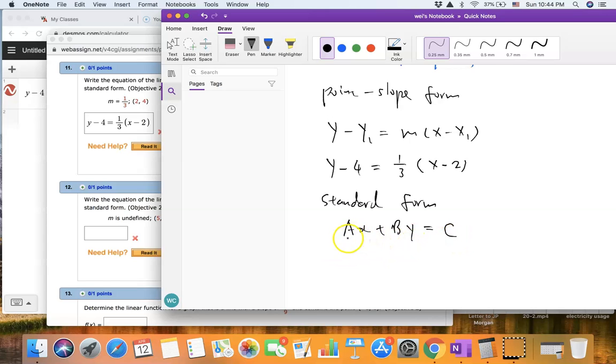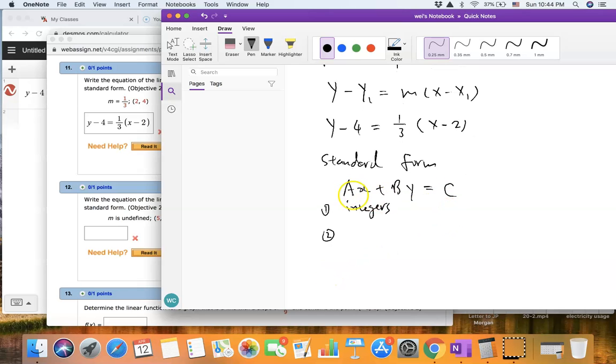The second thing is the coefficients of x and y, and this constant, are all integers. And the third thing is the coefficient of x is a non-negative integer.